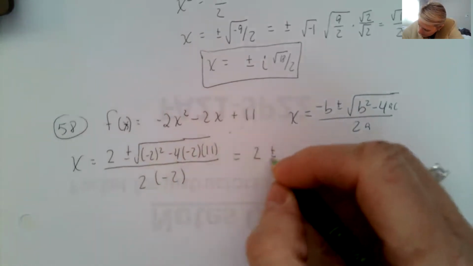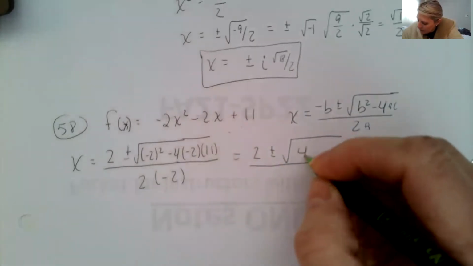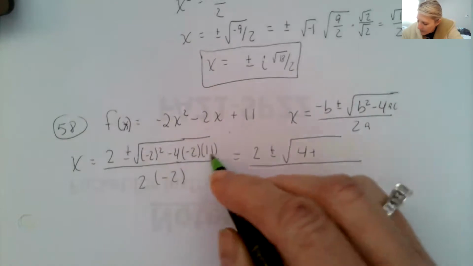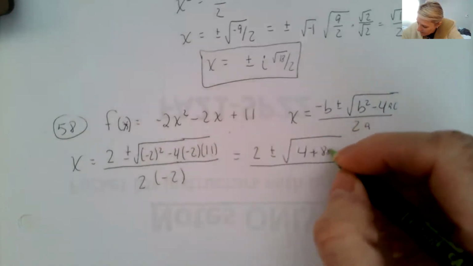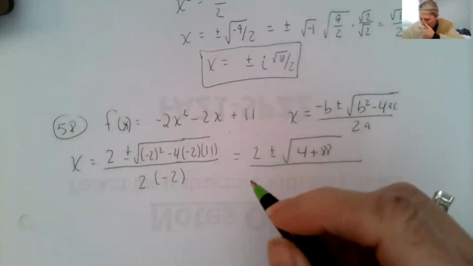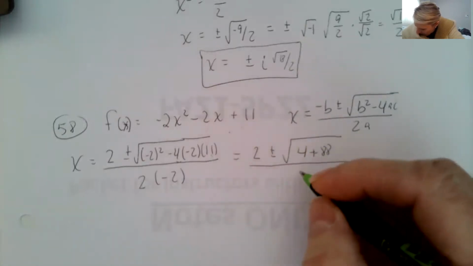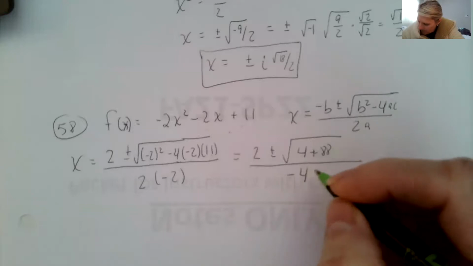So 2 plus or minus the square root of, so that becomes 4 plus 4 times 2 is 8 times 11 is 88, over a negative 4.